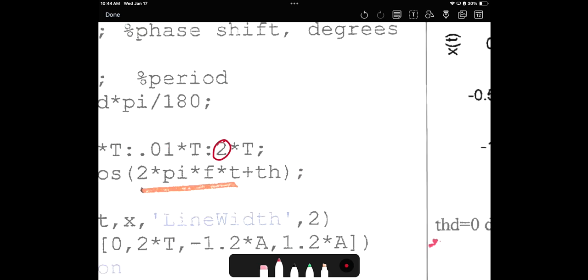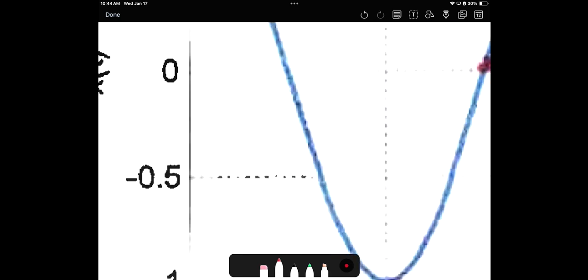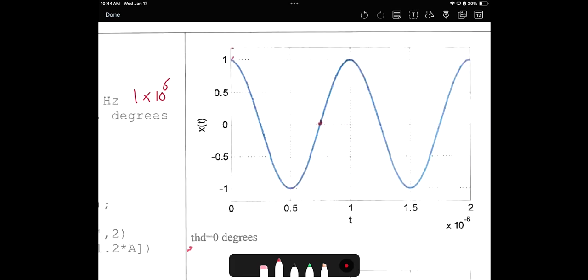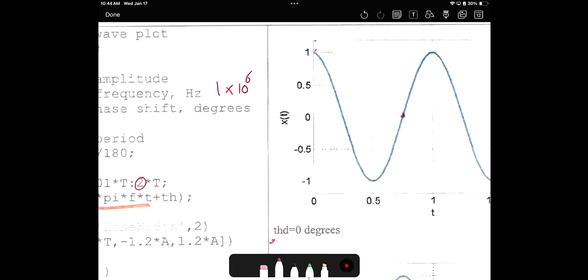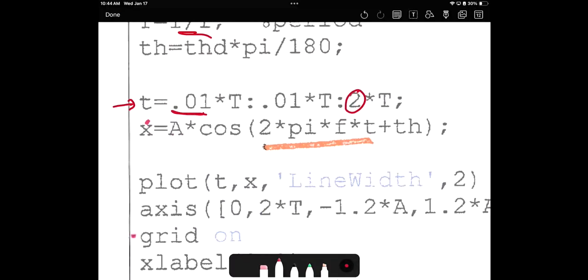So for this 0.01, we get this waveform. But if you zoom in, you will see some errors here. The lower the step size, the better the accuracy will be. Then, that's what we define as a set of data, and then we can find x of t.